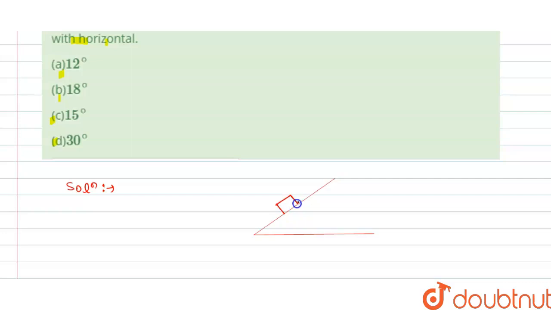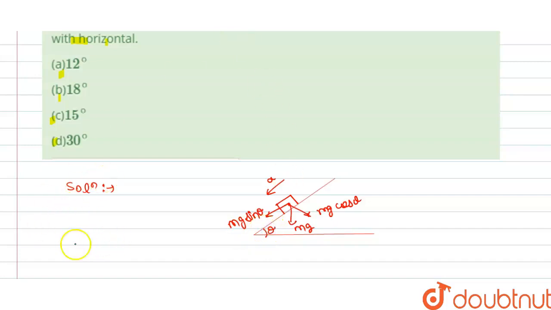In this direction we have the acceleration a, and we have mg sin theta, and this is mg cos theta, and this is mg here, and this is mg sin theta, and we have acceleration in this direction, and this is the theta here.